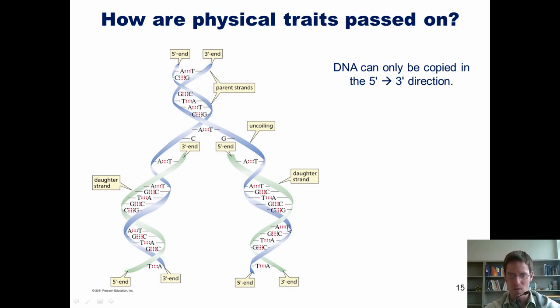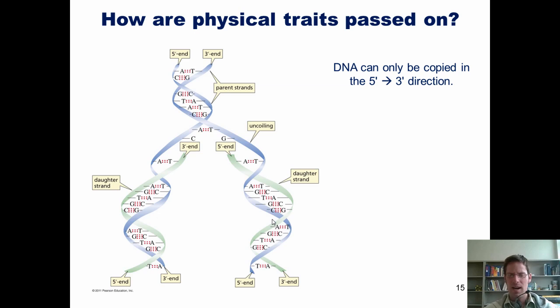Because it's running in the wrong direction, it actually has to be synthesized in discontinuous fragments from the 5' to 3' direction down. Does that sort of make sense? So it gets synthesized in discontinuous fragments from the top down, 5' to 3'. And then once it's synthesized, the individual fragments are joined together by an enzyme called DNA ligase.